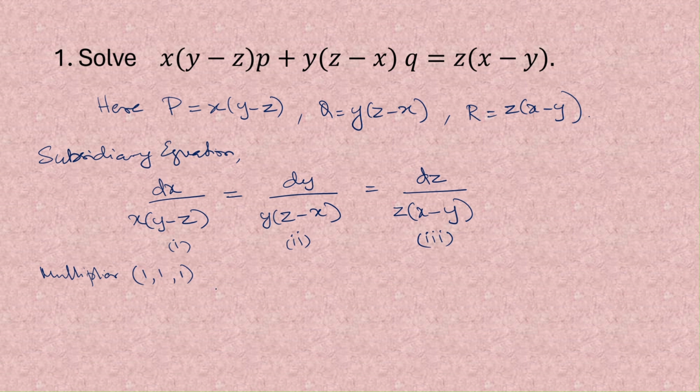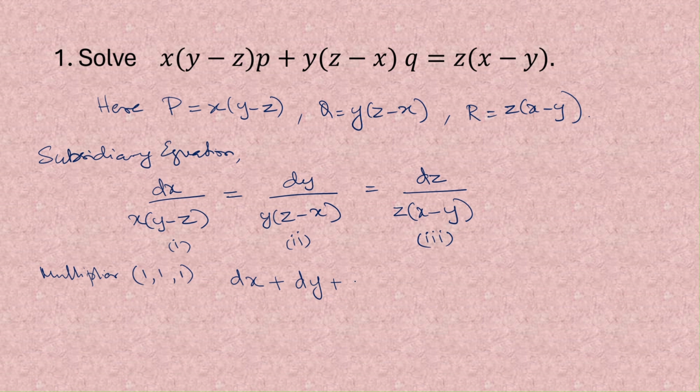We multiply the multipliers with both the numerator as well as the denominator of the given ratios, and we use the arithmetic operation in such a way that the denominator becomes 0, so we are choosing 1, 1, 1. We multiply with the three ratios and then add them together.